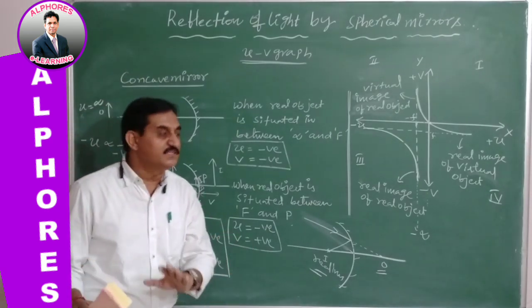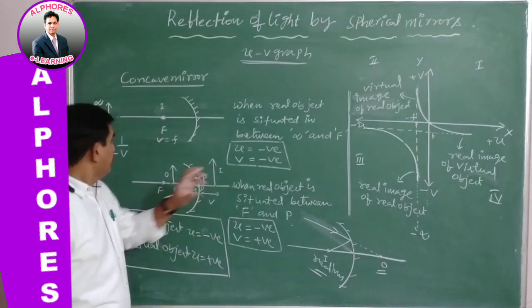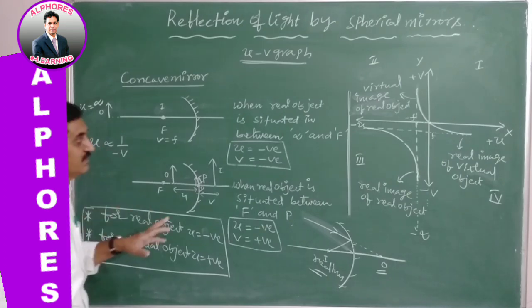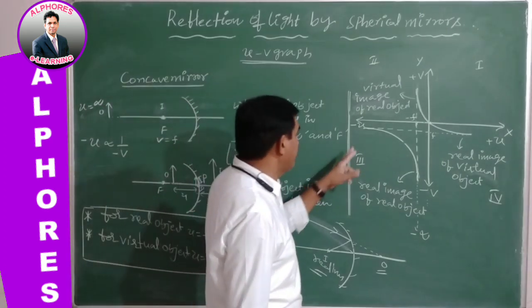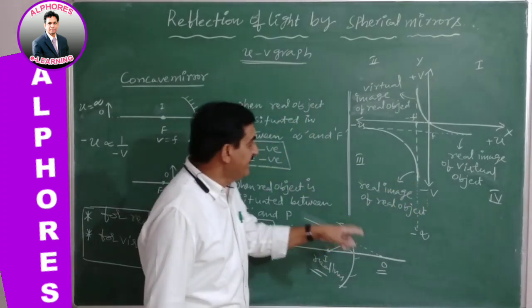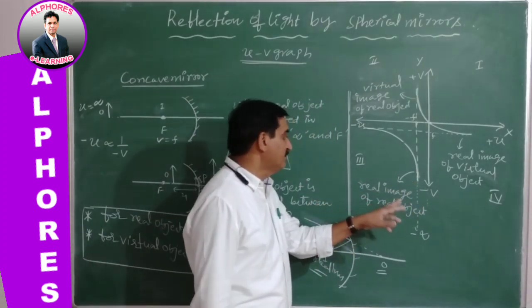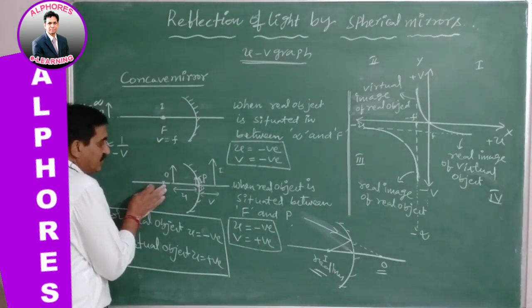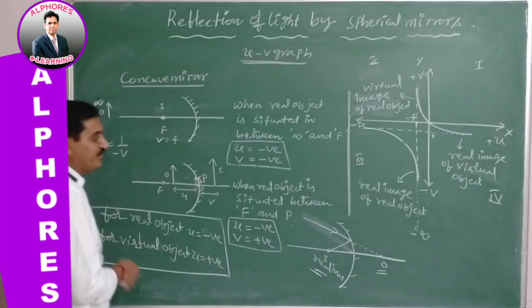Once again I repeat the same. In the first case, object distance and image distance are both taken to be negative. The object is at infinity, a real object, and the image is also real, therefore both have the negative sign. So its rectangular hyperbola extends in the third quadrant, and its name is real image of real object. Whenever the object approaches the mirror and reaches the focus point, the image goes to infinity.